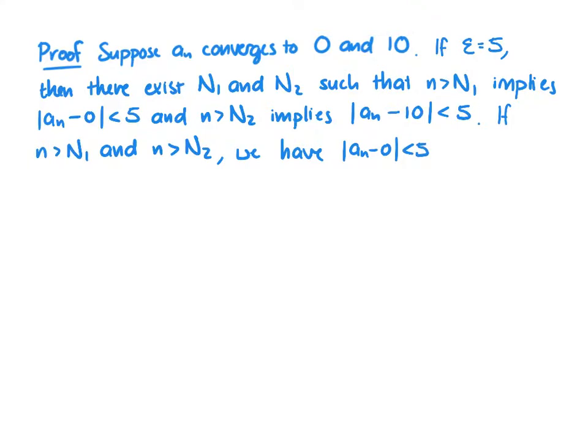So the absolute value being less than 5 means that that expression, a_n - 0, has to be between -5 and 5. So this is telling us that -5 is less than a_n is less than 5.